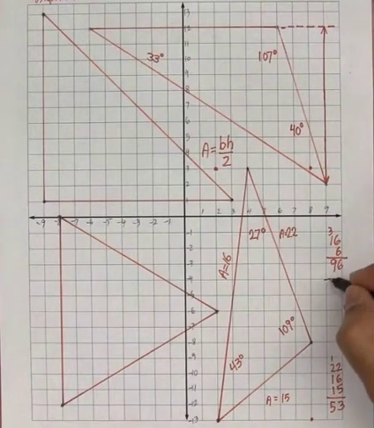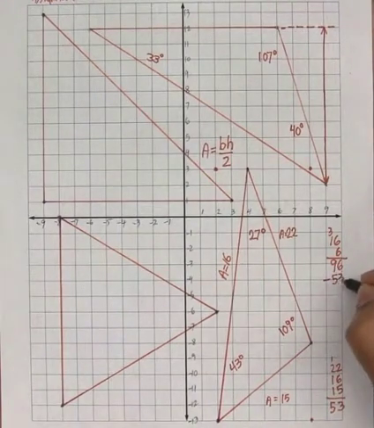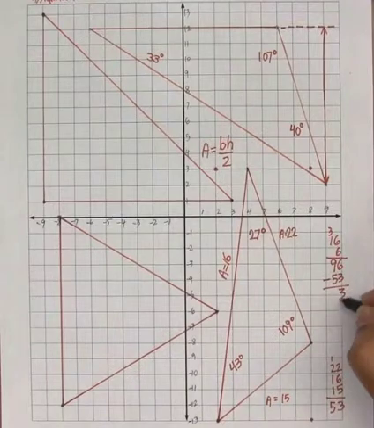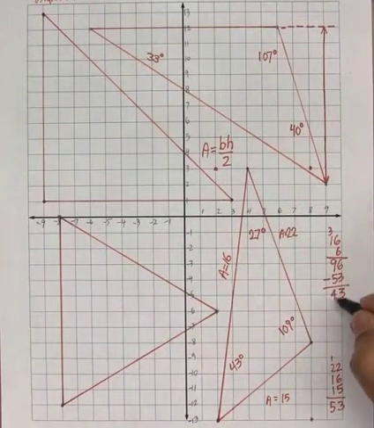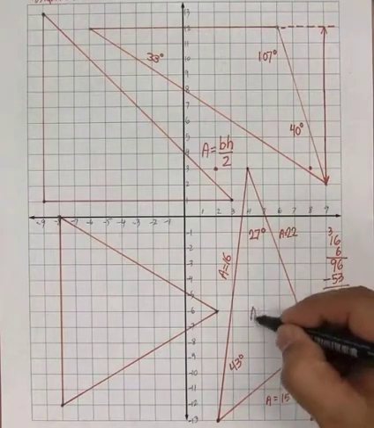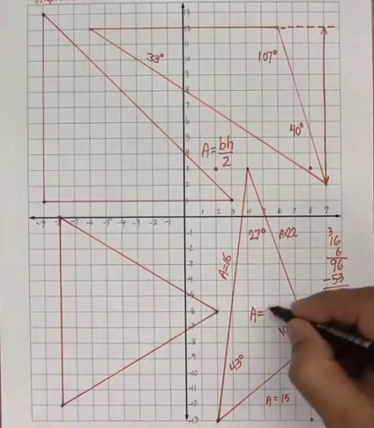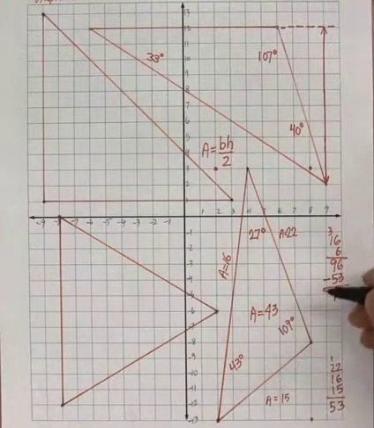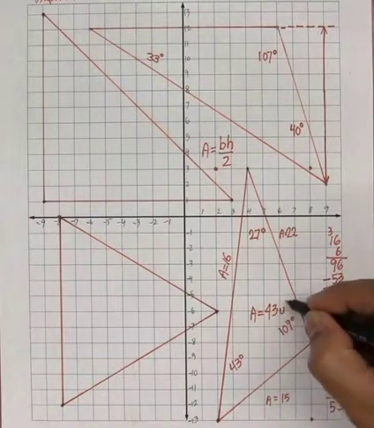We're going to subtract it. And we end up with 43. So the area of this triangle is 43 units squared.